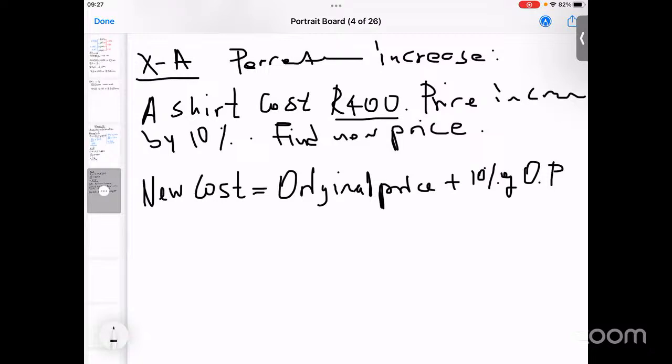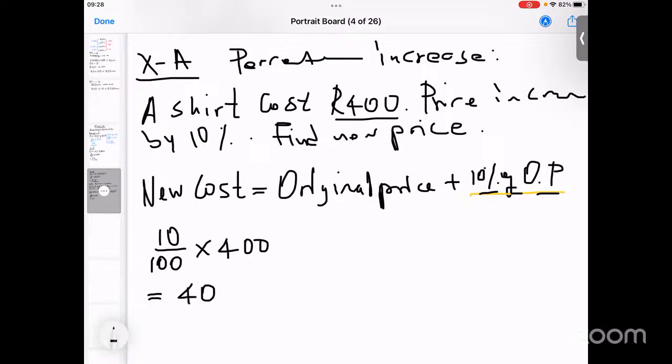So in other words, when you look at this part alone, it takes us back to what we have been calculating, where we will say 10% of original price being 400. So that means we are having 10 out of 100 of 400. So this is now 10% of 400, which is 40.